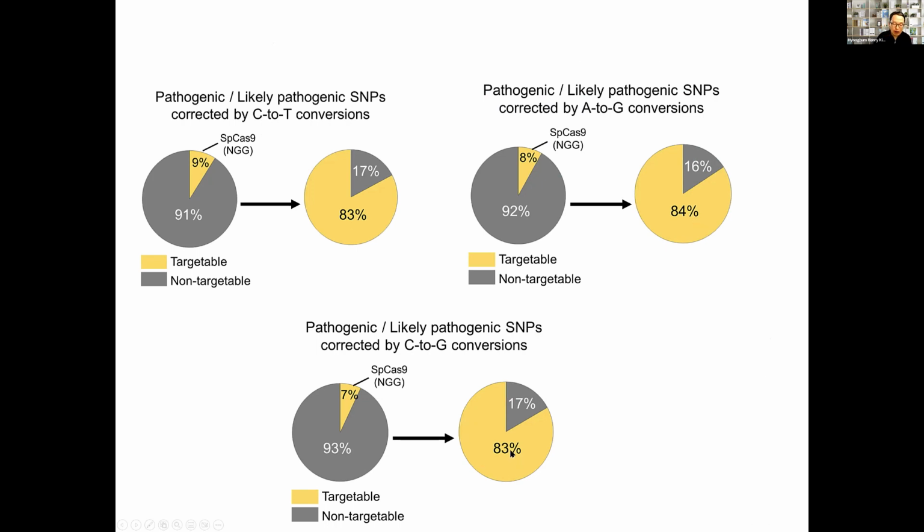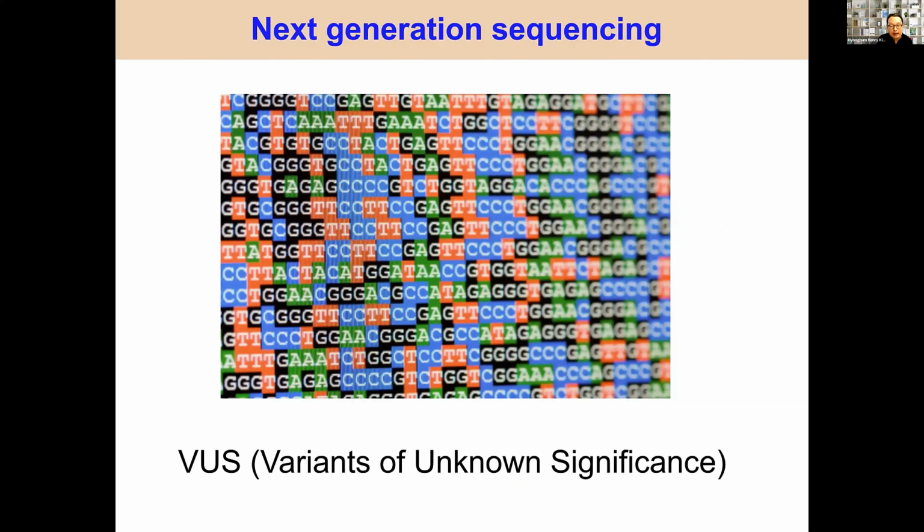So roughly 83 to 84% of single nucleotide polymorphisms, C to T, A to G, or C to G mutations, can be targeted using our base editors complexed with Cas9 variants with different PAM compatibilities. So far we have talked about high throughput evaluation and generating tools.